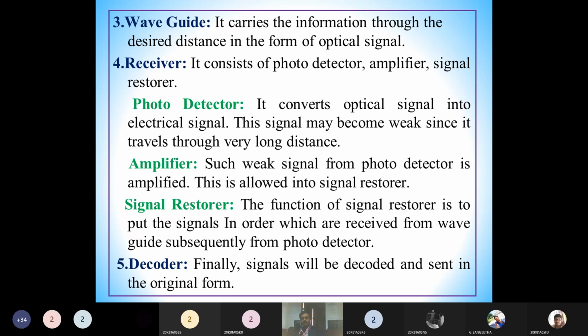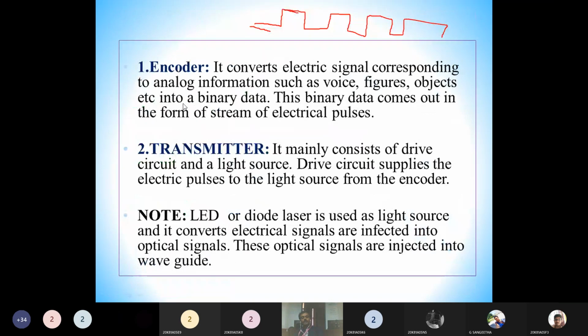Okay, so first of all, the encoder takes the voice signals, figures, whatever the data is, and converts it into binary data. That binary data is converted into electrical signals, and those electrical signals are supplied through the drive circuit to the optical sources.